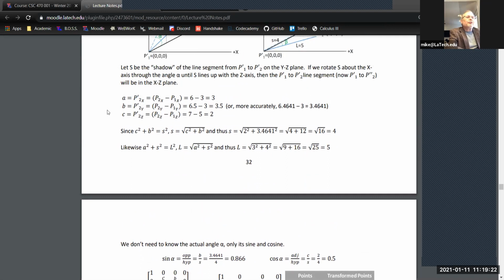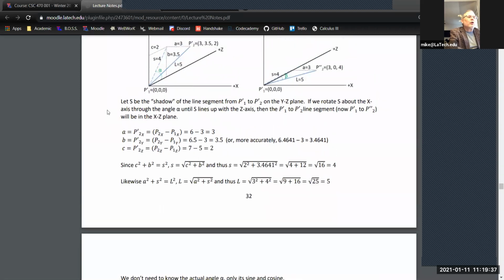Now let's scroll back up again to the bottom of the previous page, and you can see that the numbers 3, 0, 4 make sense, because when we rotated P1 prime, P2 prime into the XZ plane, that whole little triangle with its shadow has to rotate into the plane. And what was S?